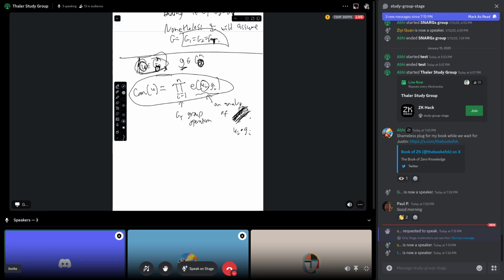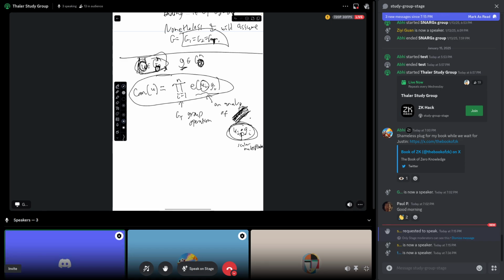Okay. Great. So you should think of AFGHO commitments as exactly the same thing as Pedersen vector commitments. It's just that Pedersen vector commitments commit to a vector of field elements. We've got additive group notation here, but you can just have u_i times G_i, where this is a scalar multiplication, and you stay in G1 the whole time.